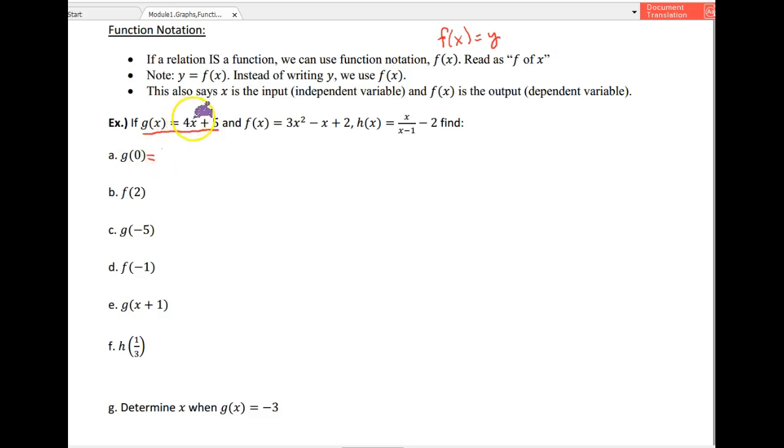And whenever we have a number next to a variable, that's multiply. So this is saying 4 times 0 plus 5. So in this function, I'm taking x, multiplying it by 4, and then adding 5. And we want to know specifically g of 0. So when I plug in 0, what happens? Well, 4 times 0 is 0, plus 5 is 5. So g of 0 equals 5.